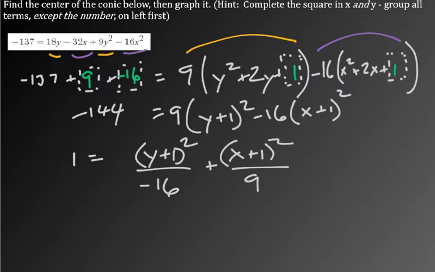So I get that. And I did ask for a graph of it, so let's go ahead and graph this thing. It is a hyperbola, because I have a negative, which you might even be able to see right here, because you have a positive squared term and a negative squared term, so one of them is negative.